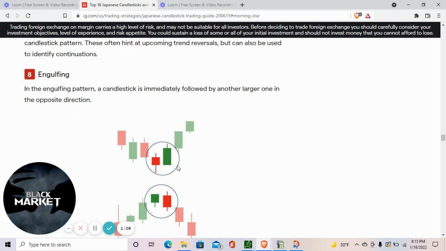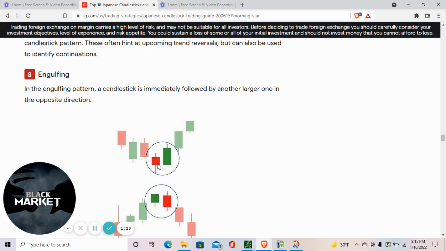So this will be considered a bullish engulfing. You've got a red candlestick coming in. Essentially, this means that if it's red, you've got sellers, right? It opened here, it closed here. This was the low of the candle. This was the high of the candle.